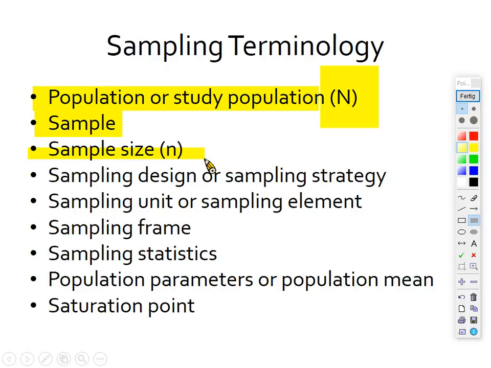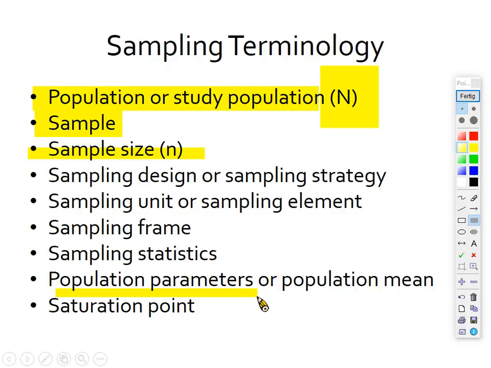And the sampling statistic refers to the statistic we collect from the sample. It is called a sampling statistic. The sampling statistic is something we use to estimate the population parameters. Here is the population parameter, or the population mean.